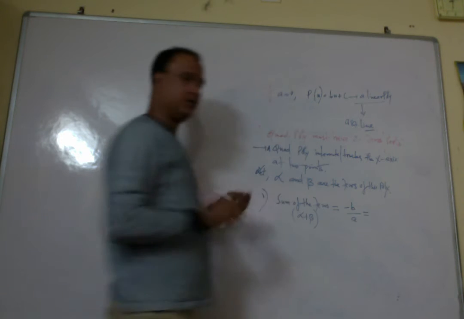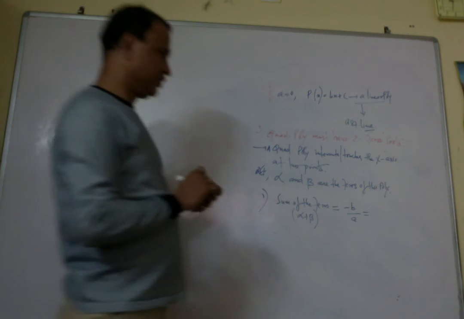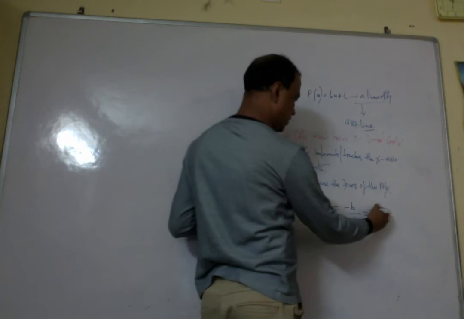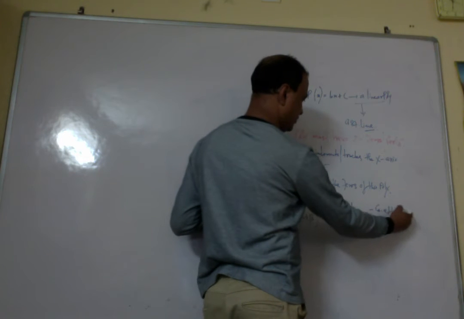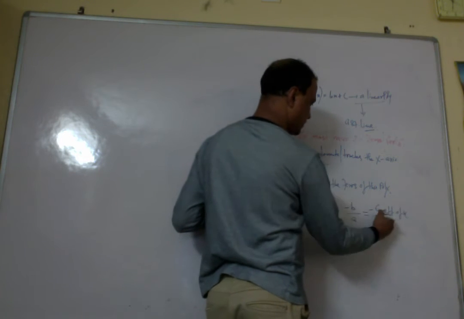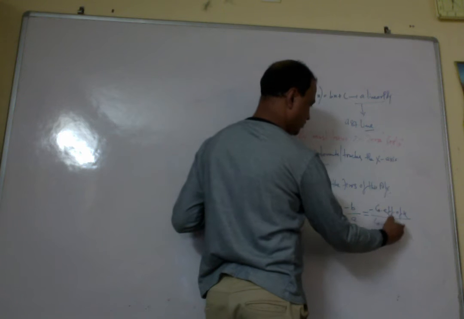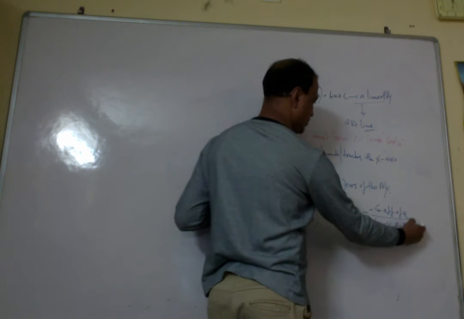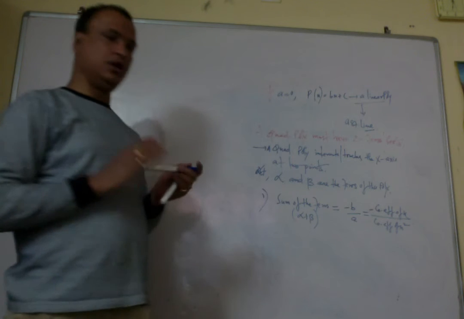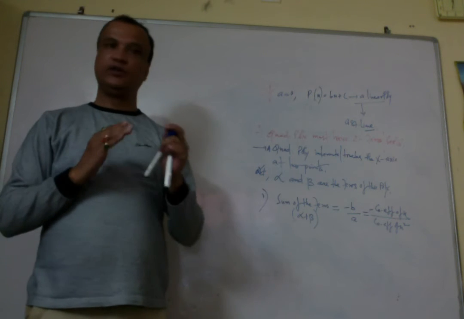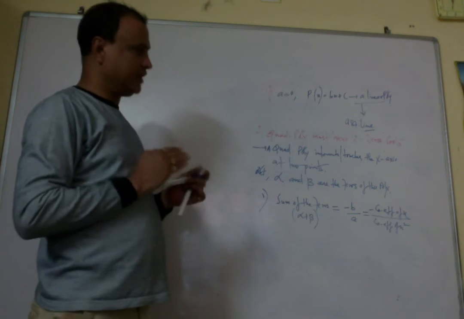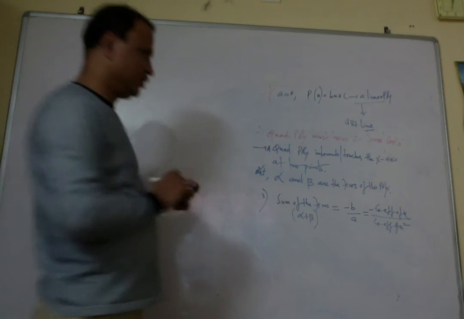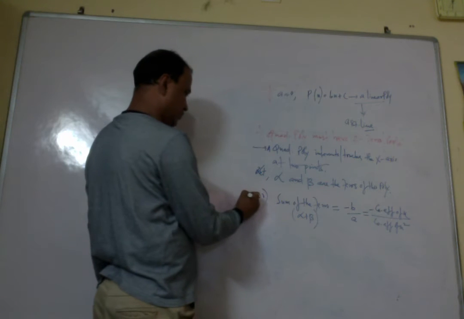If you look carefully at the expression for the quadratic polynomial, b is the coefficient of x and a is the coefficient of x square. So the sum of the zeros is always equal to minus b divided by a, which is minus the coefficient of x by the coefficient of x square. You have to learn this formula for solving the sums.